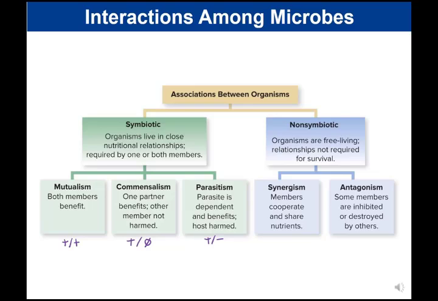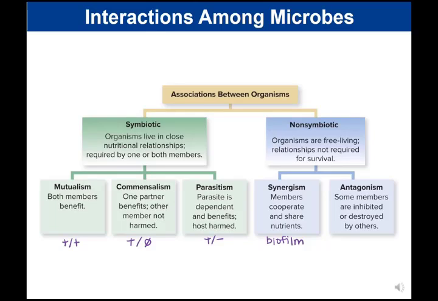An example of this that we're going to talk about in a minute is a biofilm. We'll come back to that. Organisms that live within a biofilm, remember that a biofilm is an intermicrobial community living in slime. So these organisms can cooperate, they can share nutrients, etc.